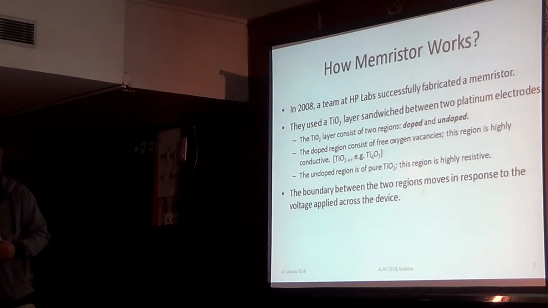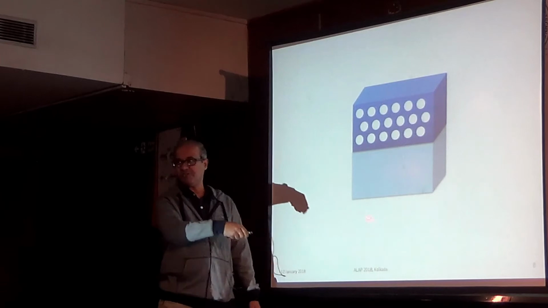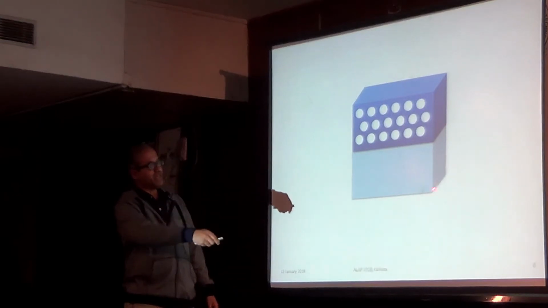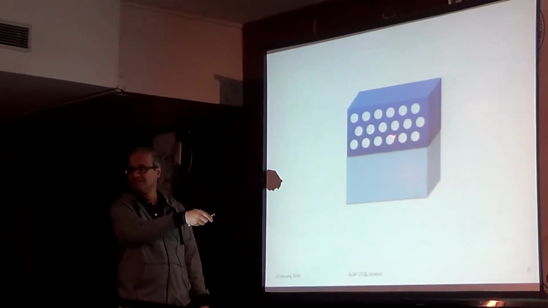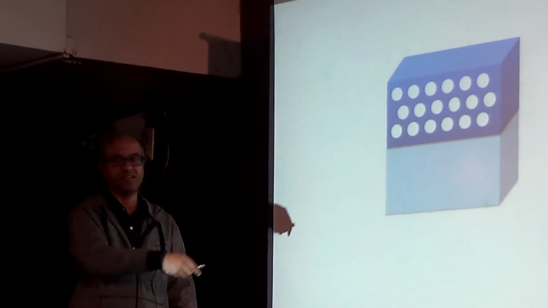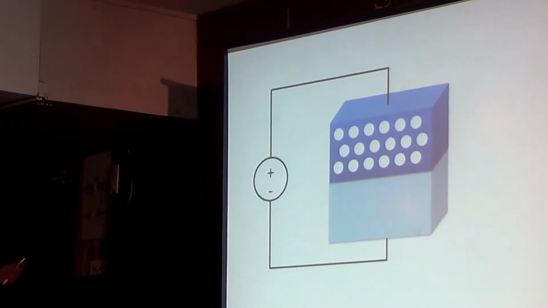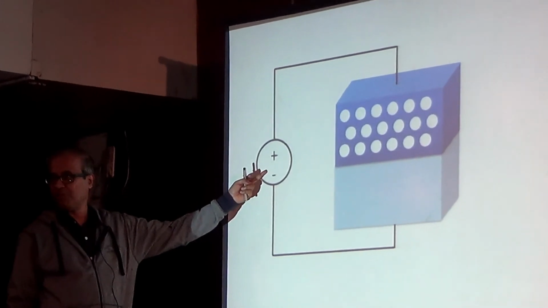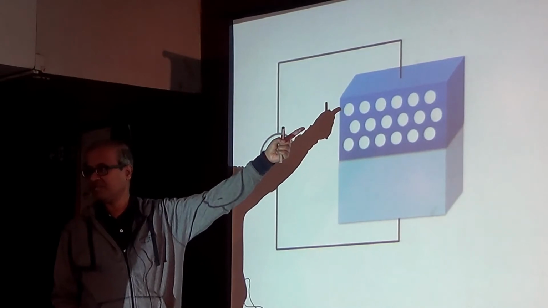Suppose this slab I was talking about is a titanium dioxide material. On one side, I have doped it with oxygen vacancies. So this part has lower resistance, this part has higher resistance. Suppose I apply a positive voltage towards the doped side, I am calling it a forward bias.